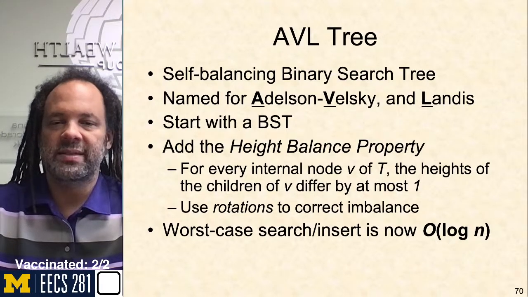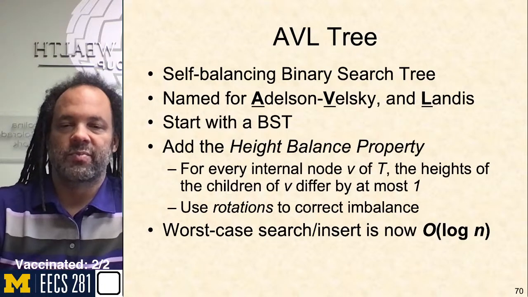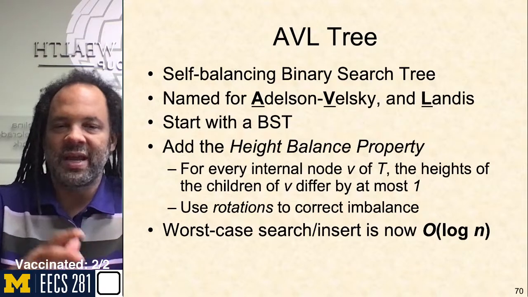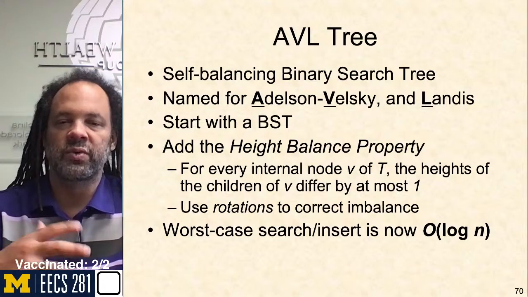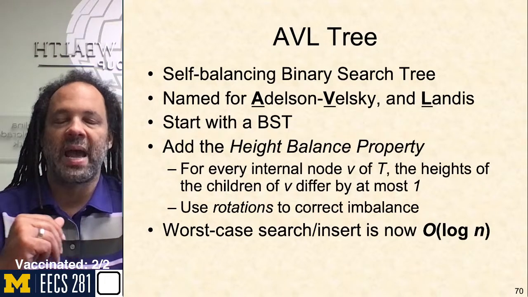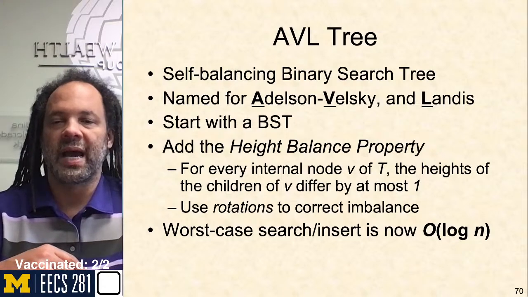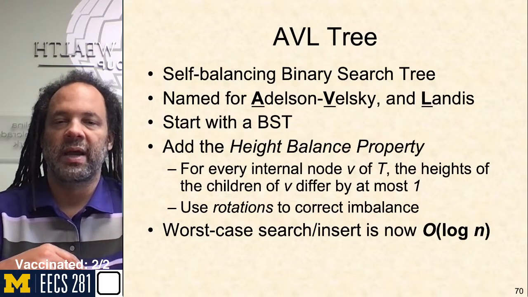It starts with a BST, so as I mentioned, all AVL trees are binary search trees. And then it adds this height balance property. The height balance property is easily stated as: for every internal node of T, the heights of the children of that node differ by at most 1. That's fairly well balanced. So you can see how this would prevent me from having a stick, right?